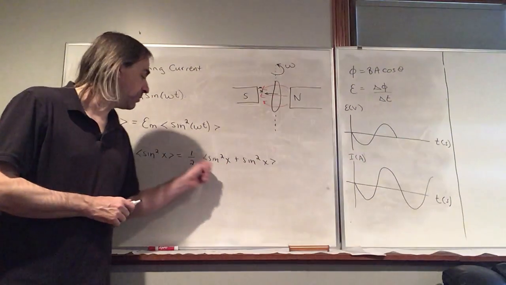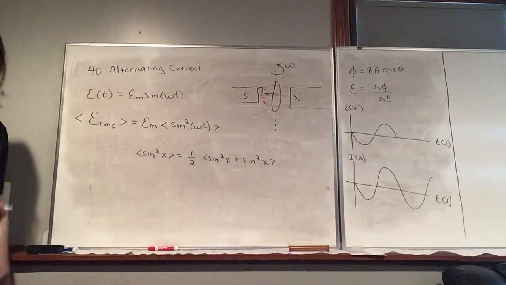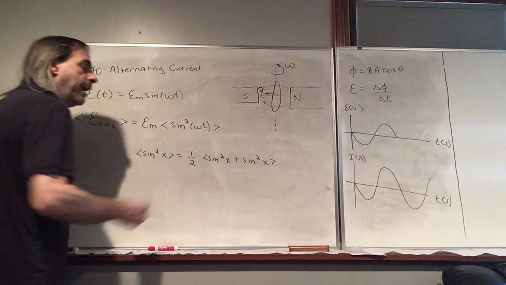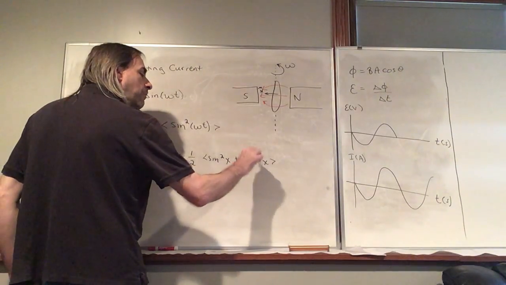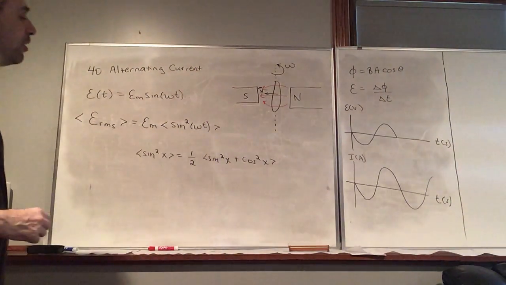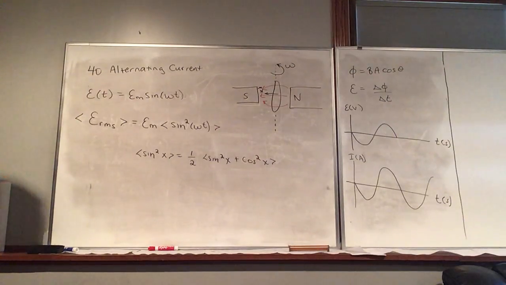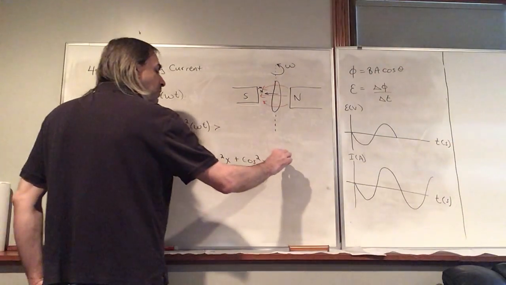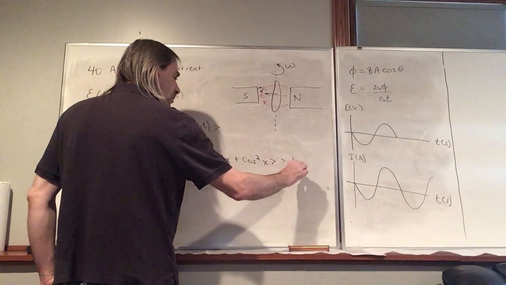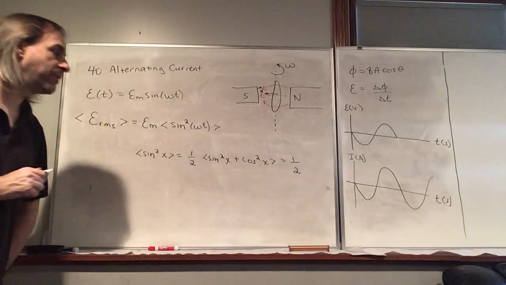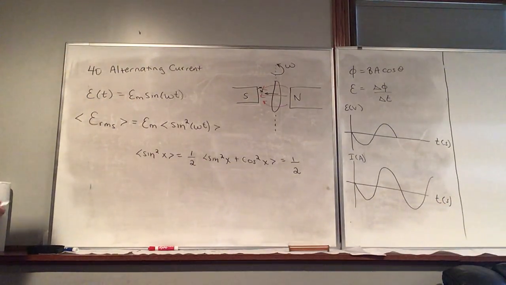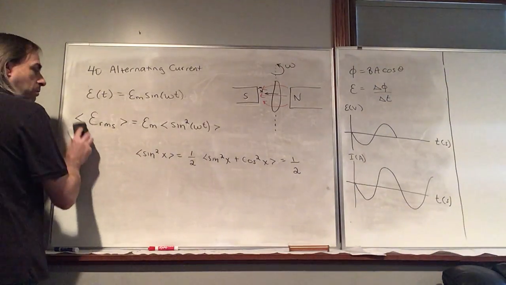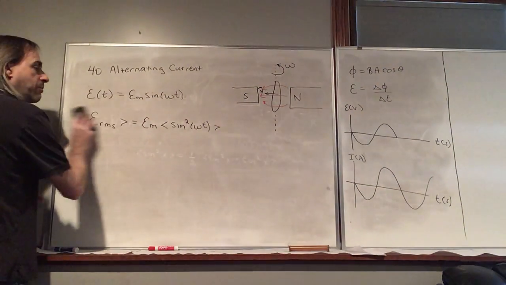If you just add these up, you get 2 sine squared times 1/2. Then we can replace one of these sines with cosine because they're the exact same function. And now sine squared plus cosine squared is 1. And so the average value of sine squared is 1/2. And then when we take the square root, we get 1 over root 2. So let me just write down this result.